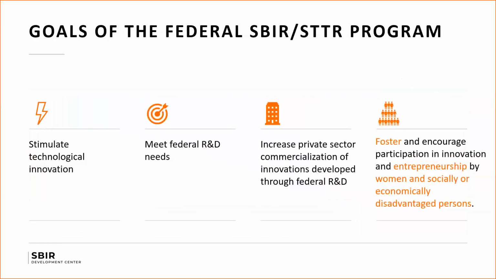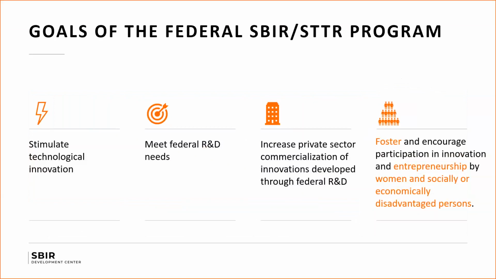So the goals: when Congress set up this program, they set four main goals. One is to stimulate technological innovation, to help keep America at the technological forefront. The second is to meet federal R&D needs.